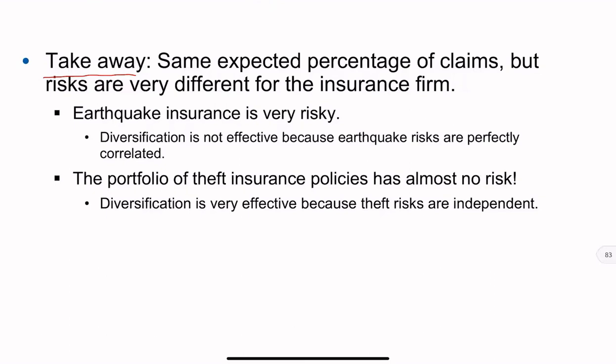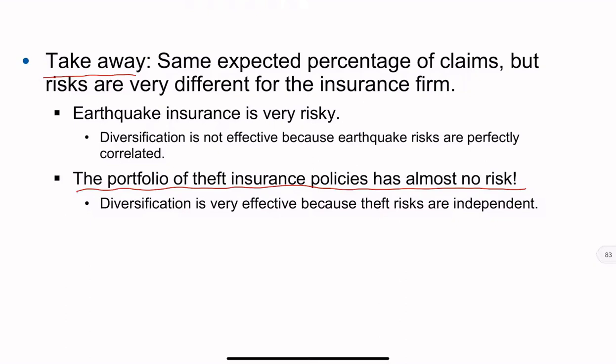So even if you have 100,000 insurance policies in your portfolio, there is no diversification, right? And then we find out the portfolio of theft insurance policies has almost zero risk, right? Why? Well, because theft risks are independent. So if you pool together 100,000 theft risks, then diversification becomes very effective.